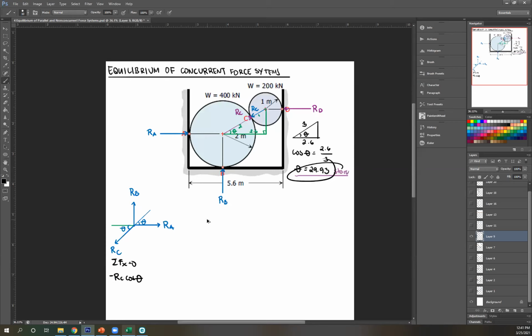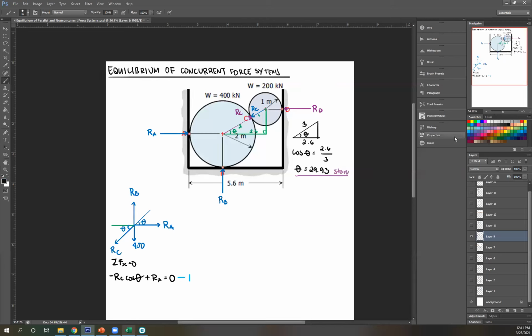Once again, this is your theta. RB doesn't have a horizontal component. So next, RA to the right plus RA equals 0. Nothing to solve for there. So equation 1. Oh wait, no. Something is missing. There's a weight of 400. To include that, weight 400.